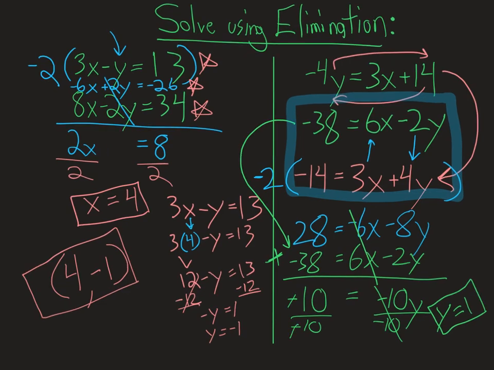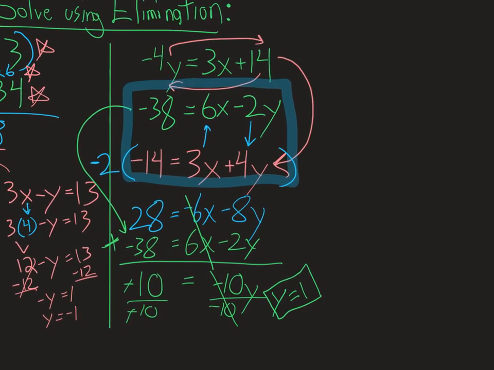So now I'm just going to plug in to finish. Any equation works. I'll just pick the top one for the heck of it. And my y value of 1 gets plugged in. Figure out what x is.